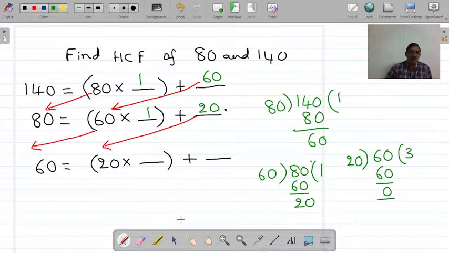Some of you already answered it correct. You get it like 20 into 3 plus 0. Now this is 0.